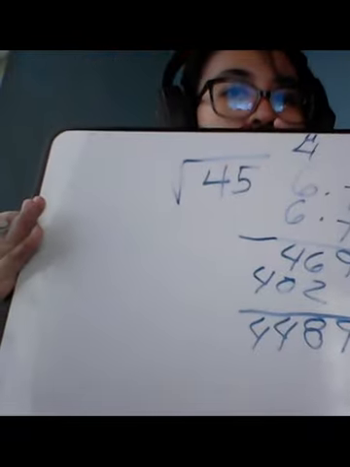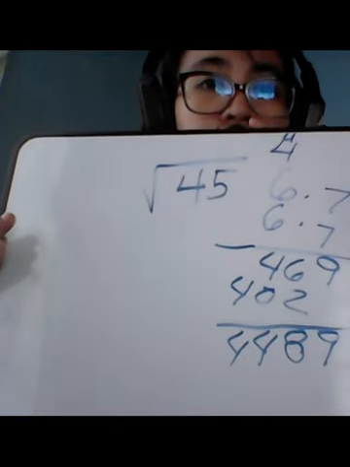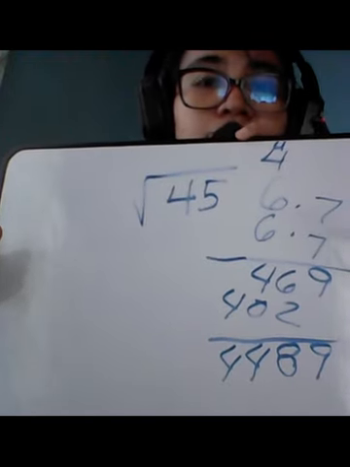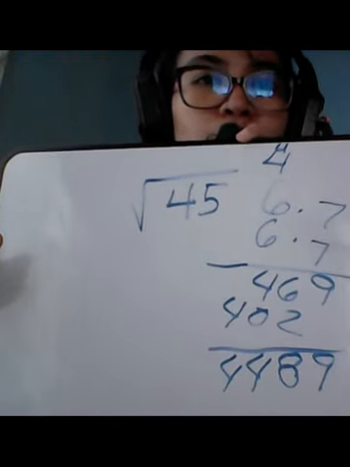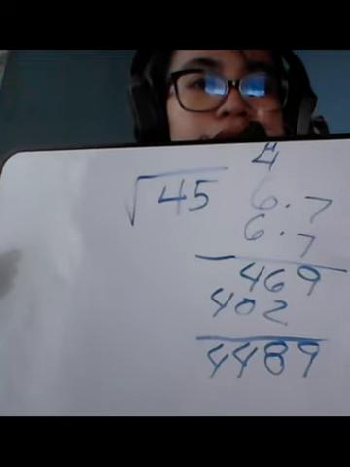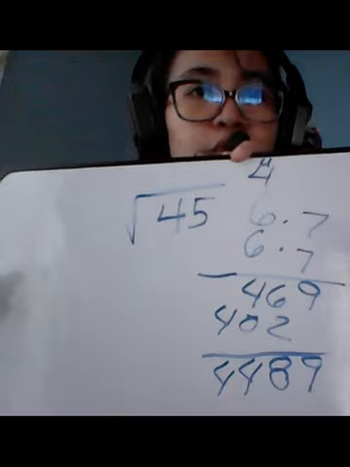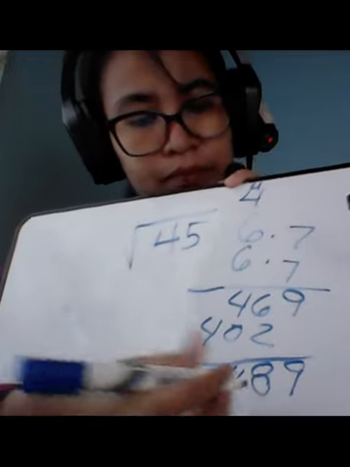So we have 4,489. But again, since it's a decimal, count the decimal places of 6.7 when you multiplied it by itself. So we have 2 decimal places. So you will have 44.89.